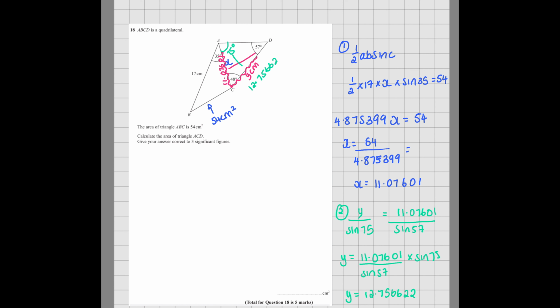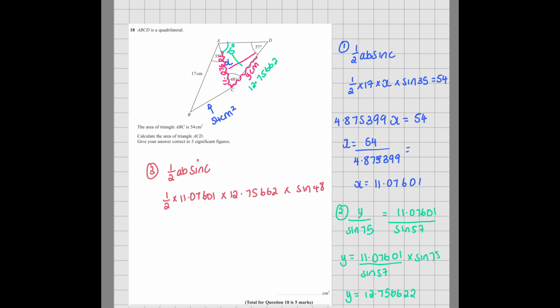Okay, well now I've got 12.75662 here, and I can now do a half ab sine C because I have an angle sandwiched between two sides. So I can do a half times 11.07601 times 12.75662 times sine 48.